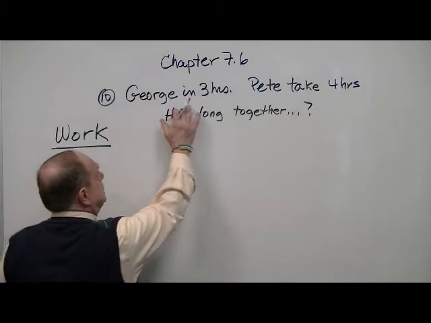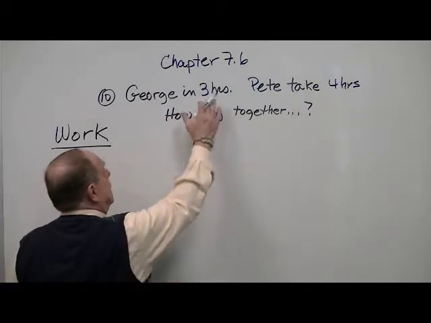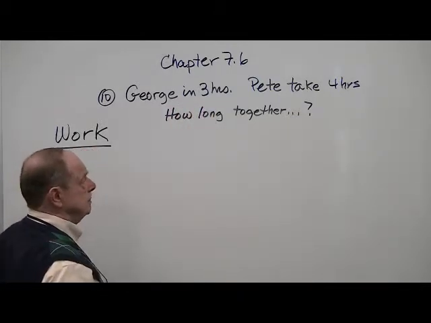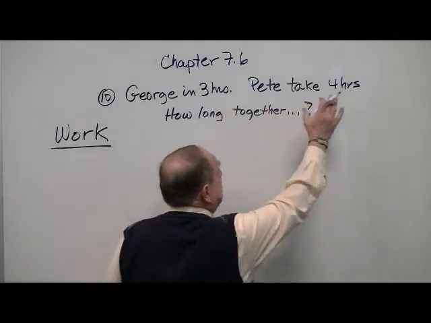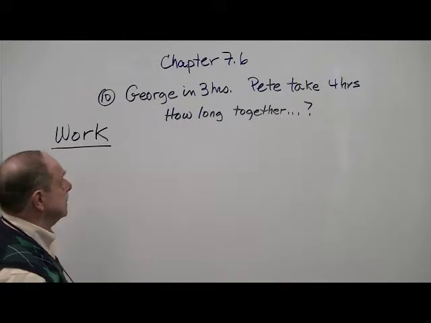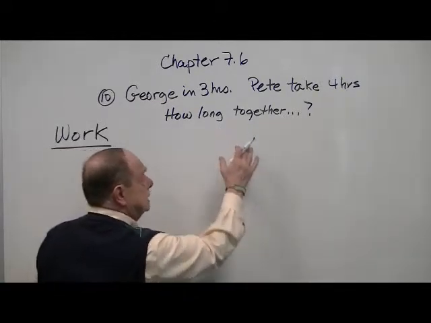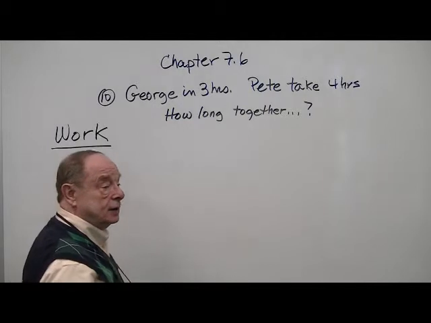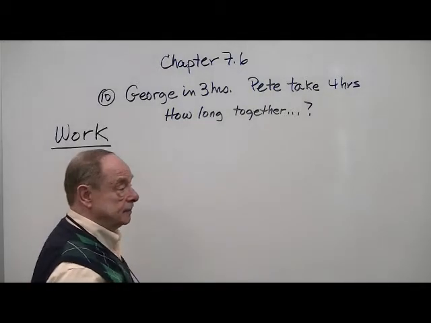It says George can do a project in 3 hours. Pete takes 4 hours to do that same project. How long will it take if they're working together to get the job done?